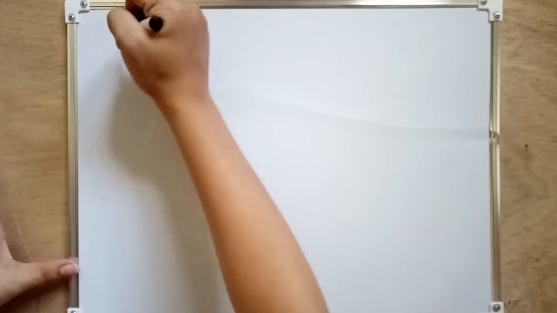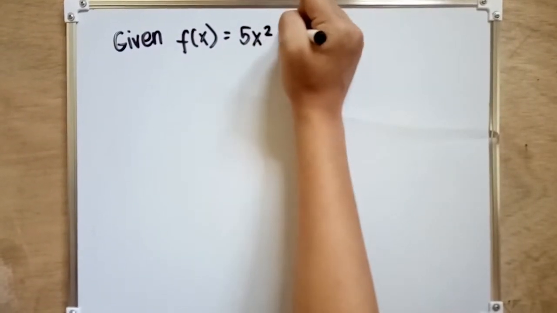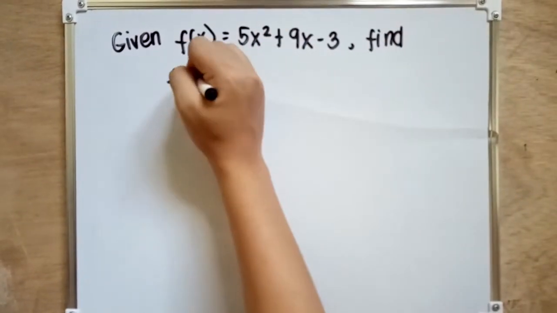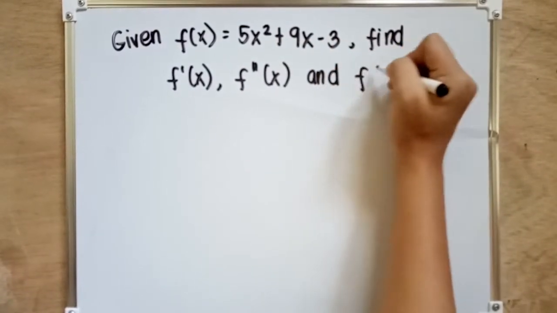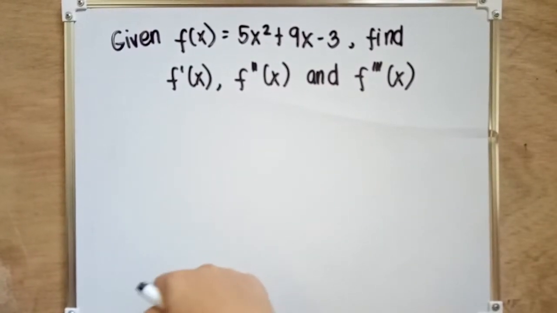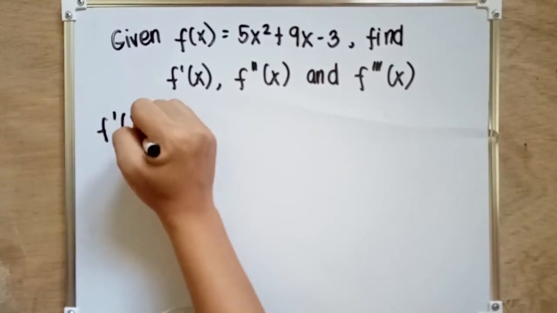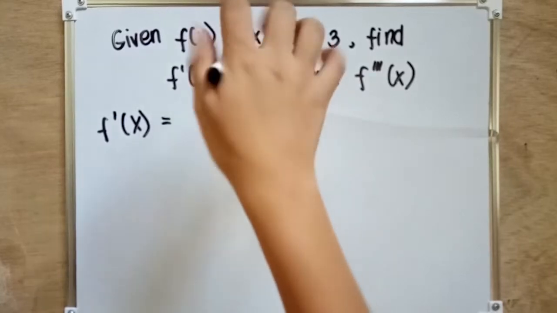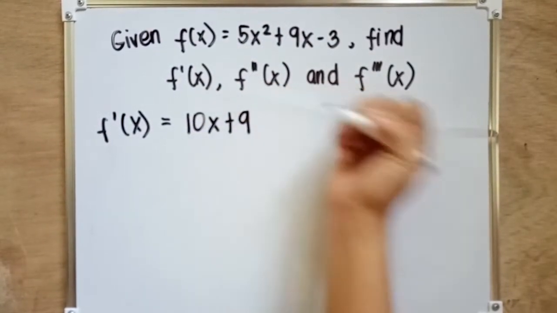For example, solving for the first derivative of function of x, we have f prime of x is equal to first derivative of 5x squared is 10x plus 9.